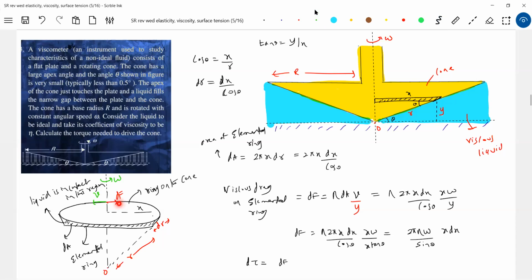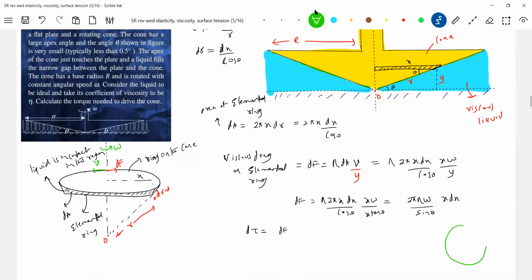Okay, fine. So what is dF? I think I'm in a better position if you convert into a plane diagram. Velocity, this will be dF. So what is the torque? Torque should be dF into x, not dF into r. So 2 pi eta omega sin theta.